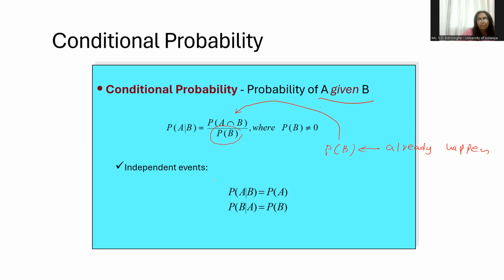If they are independent events, then every time P(A given B) equals P(A), and P(B given A) equals P(B). Got it? You can write it.